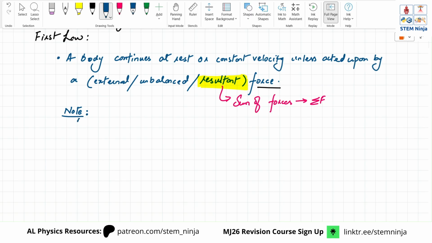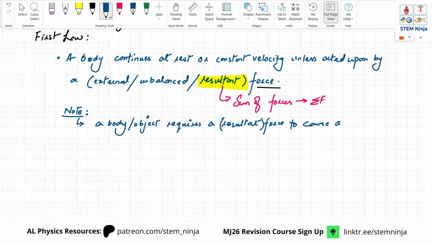So the first thing to note is that a body or an object requires a resultant force, or just a simple force, to cause a change in motion.